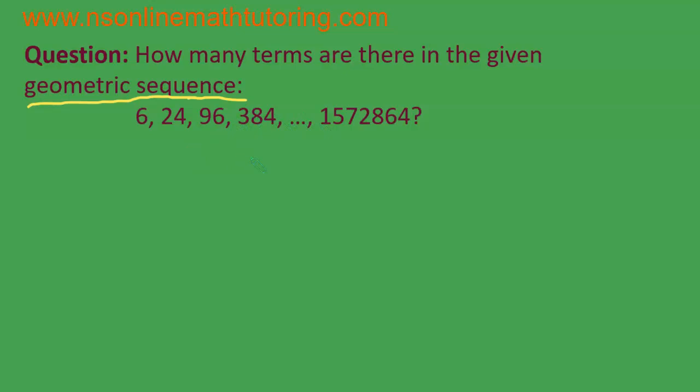So first of all, let us find that common ratio. Let us take the first two terms. So r is equal to 24 over 6, which is equal to 4. And of course, the first term u1 is equal to 6.